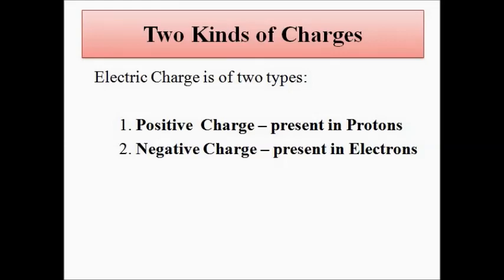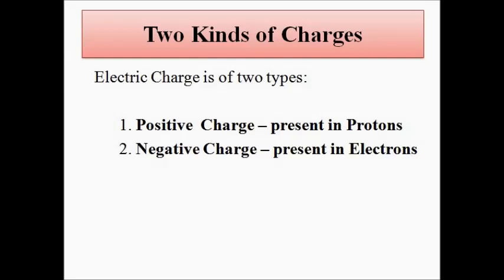First is the positive charge, which is present in the protons constituting the nucleus, the center of the atom, and then there is the negative charge which is present in the electrons orbiting around the nucleus in certain well-defined orbits having fixed energy associated with them. So these are the two kinds of charges that exist: positive charge in protons, negative charge in electrons. But how much positive charge, how much negative charge? We have to quantify them.